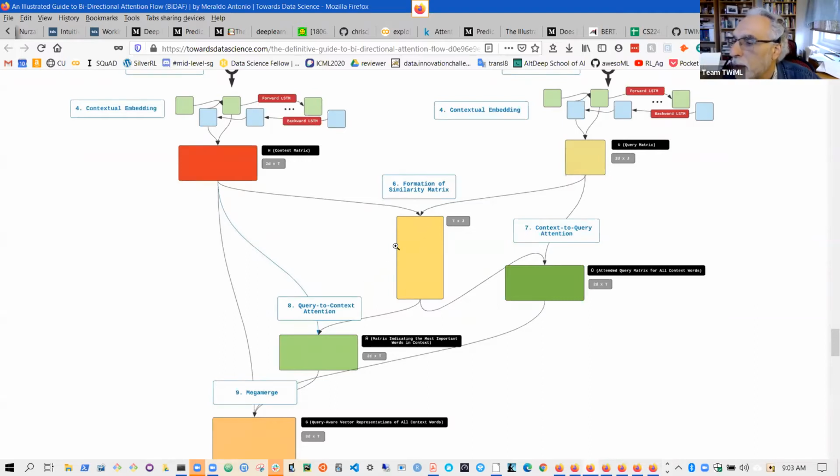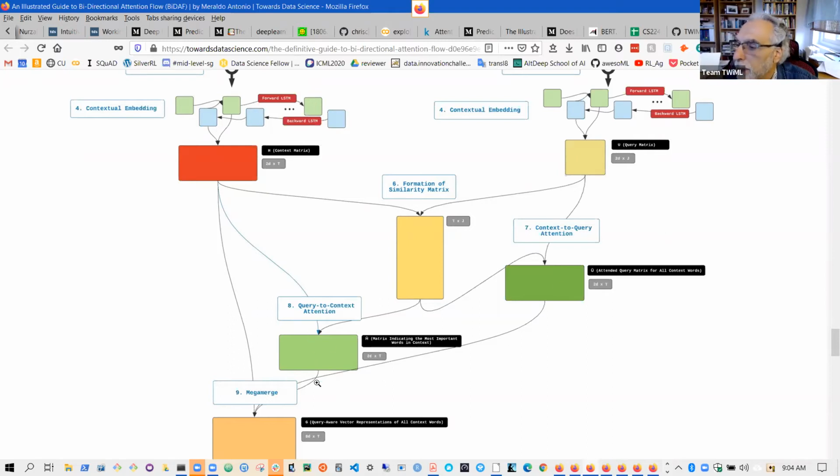And then we saw that from there it goes to query to context attention and context to query attention. I think we treated context to query attention first, and we got this capital Aij. And then we were just about to do the query to context attention, and I think the output from that is something called Bj, and then they somehow combine this context to query and query to context.